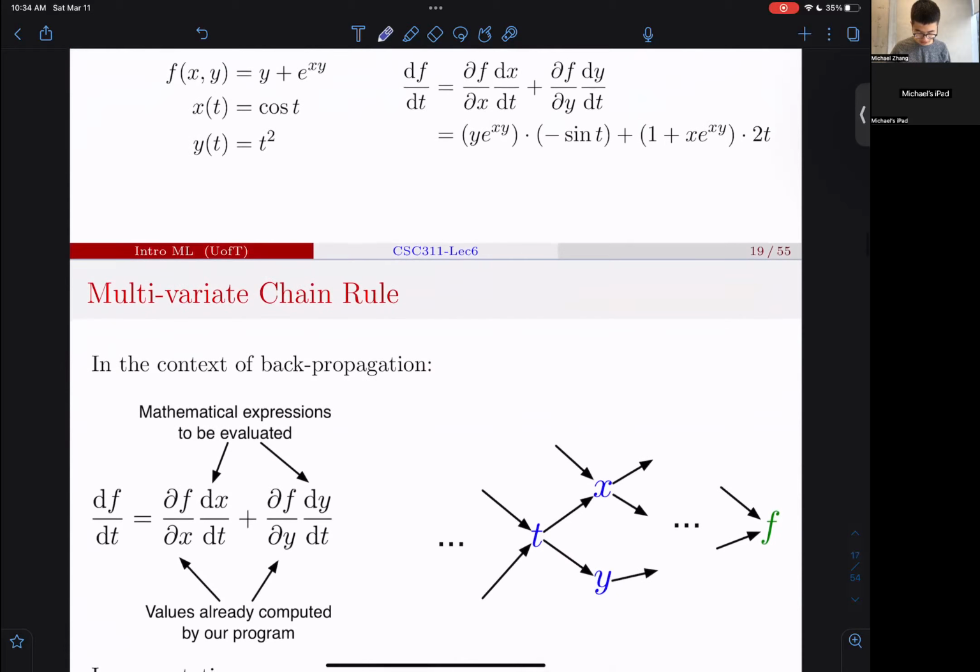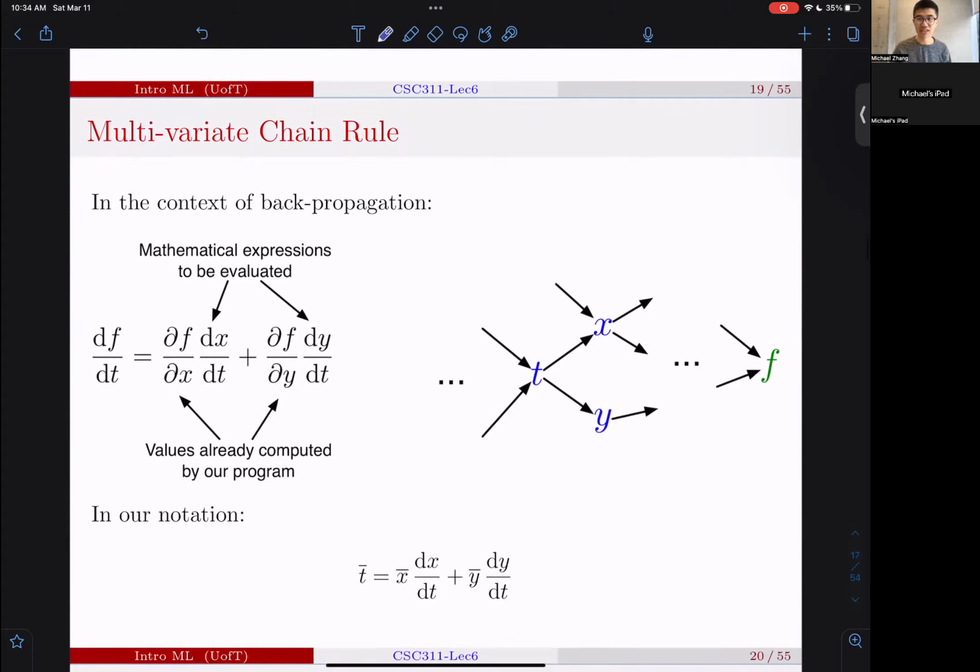Okay, so in the context of backpropagation, this ends up actually being implemented really neatly in the sense that if we want to compute the derivative of f with respect to some variable t, if we choose the order we compute the derivatives, then we actually only need to compute half of each of these expressions.